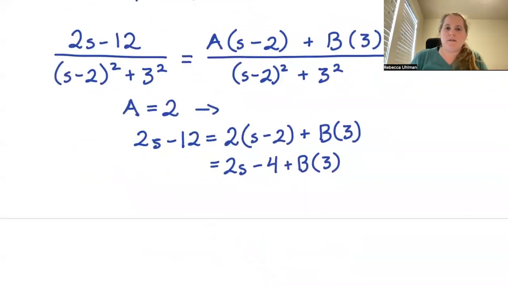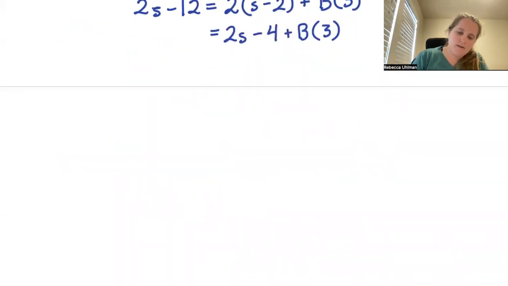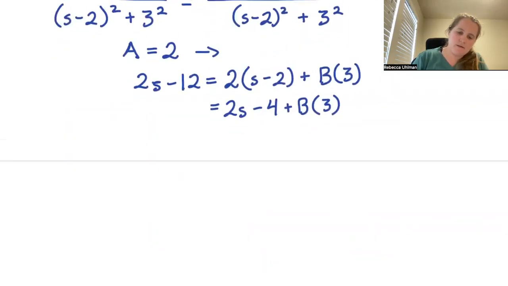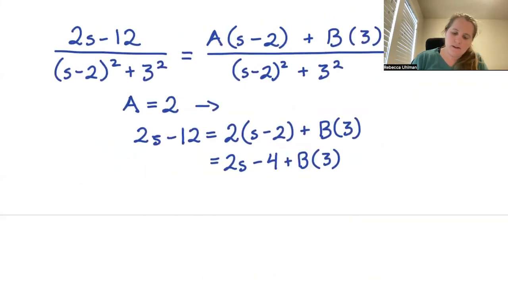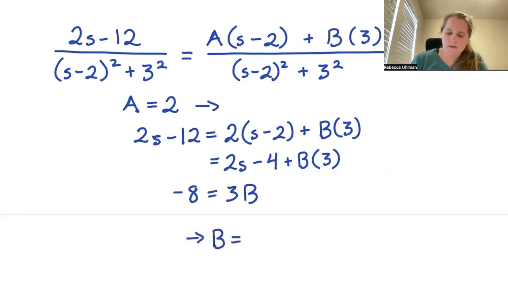This means that we have negative 8 is equal to 3b, or b is equal to negative 8/3.